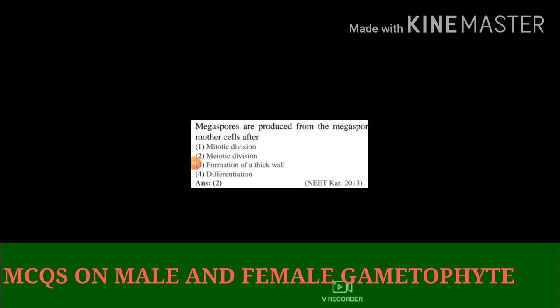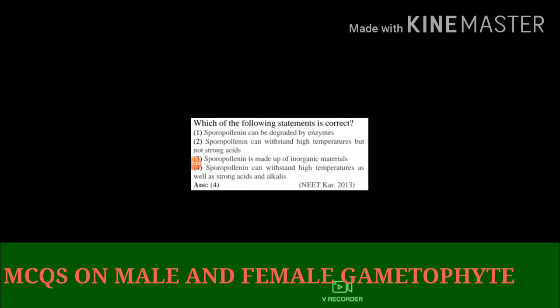Due to this, meiotic division is required for converting diploid to haploid, and here the option number 2, meiotic division, is the correct option. This question is also asked in Karnataka NEET in 2013.